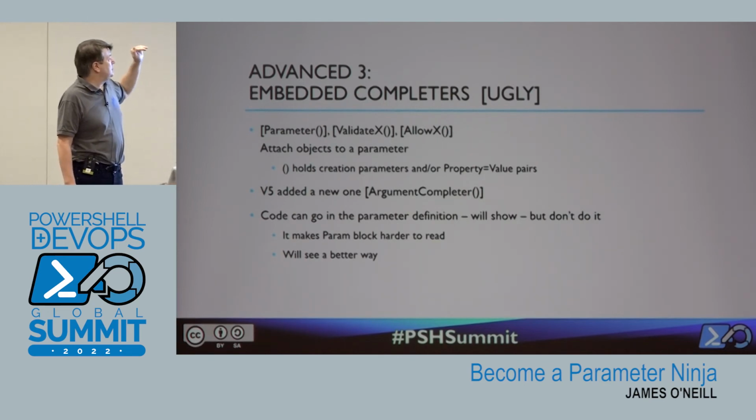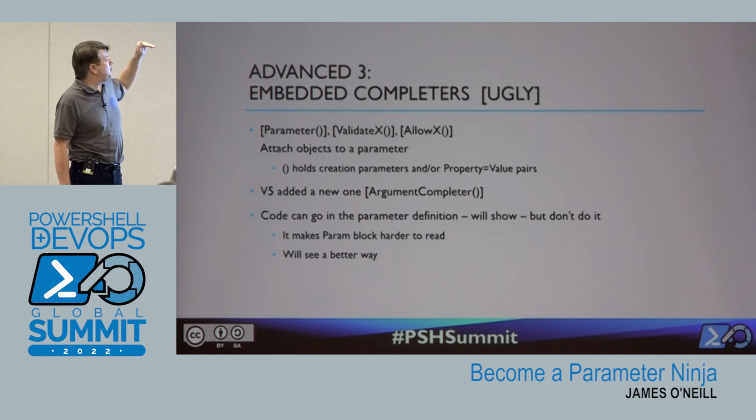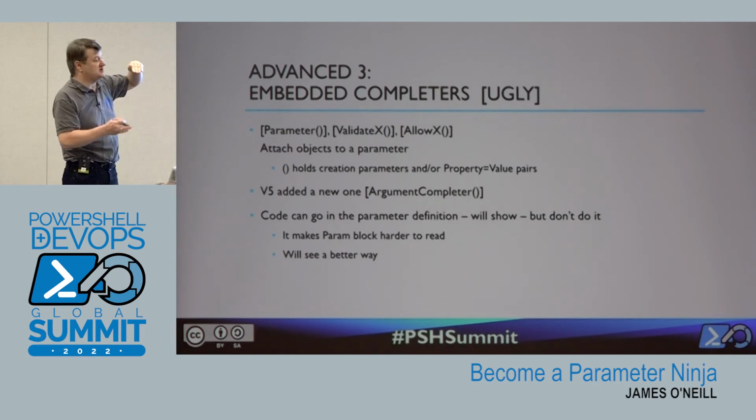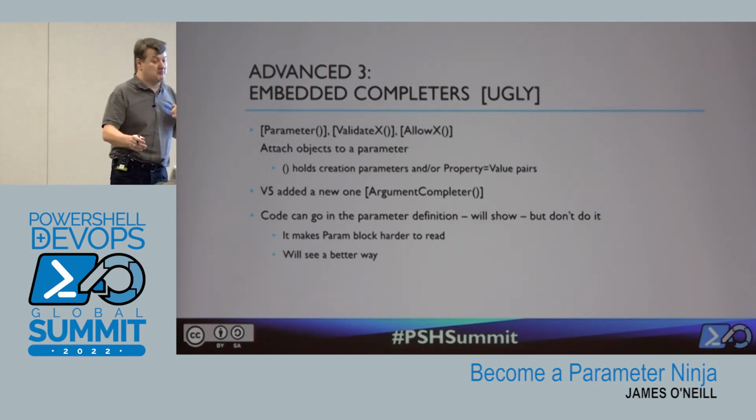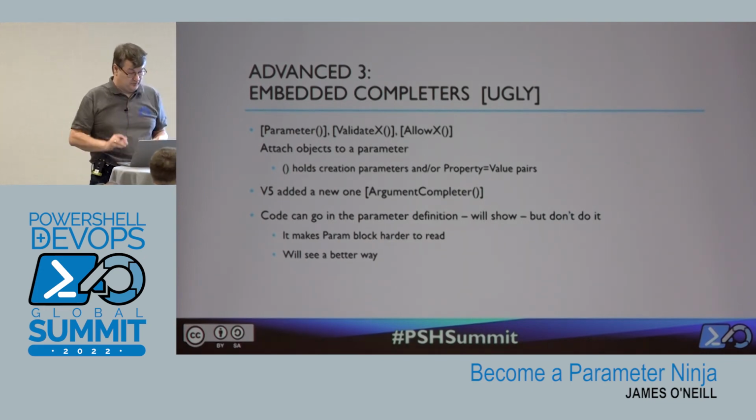The embedded completers, I'll show you very quickly. This is what I was talking about, ugly syntax. We've got the various different validate and allow labels that we can attach to parameters in a param block. There's a new one that came in with PowerShell version 5, which is argument completer, which we saw earlier.